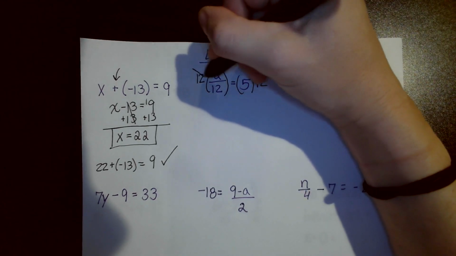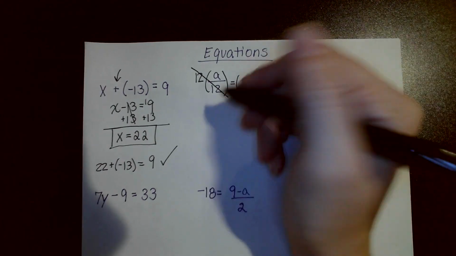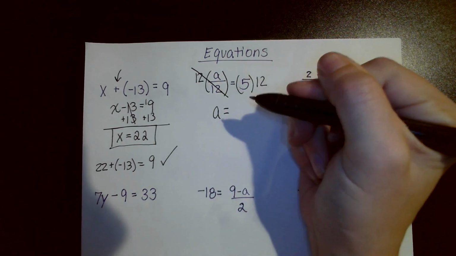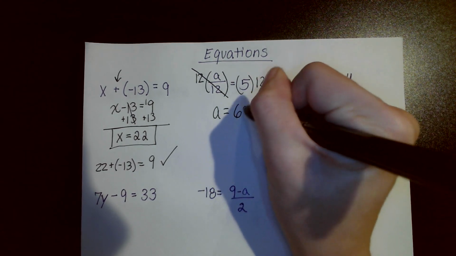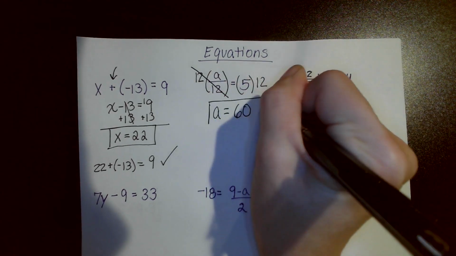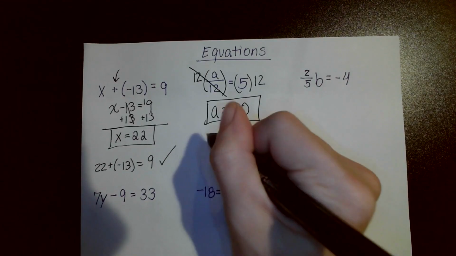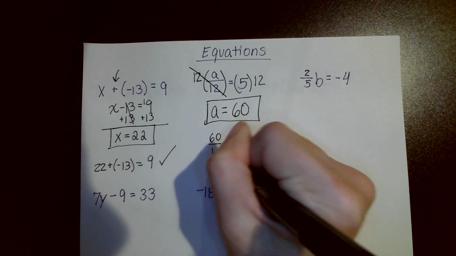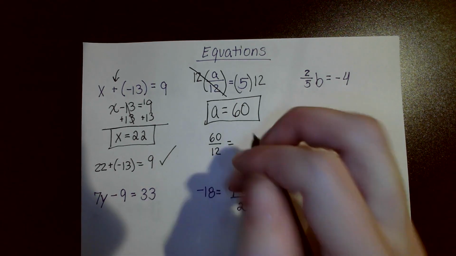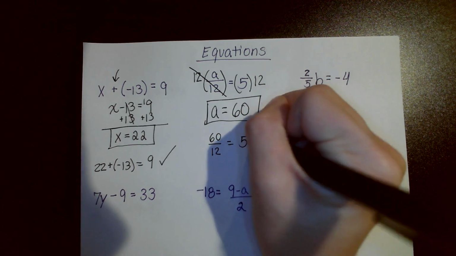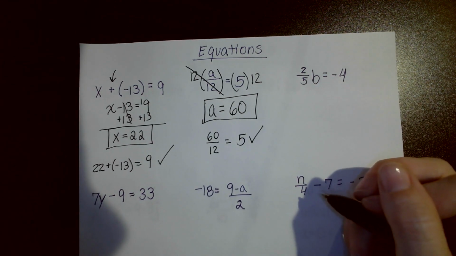That eliminates the 12s on this side, leaves a equals. And then 5 times 12 on the other side is 60. So we get a equals 60. Now again, if I want to check my work, 60 divided by 12. If I plug that in or do the math, I get 5. So we know our work was correct.